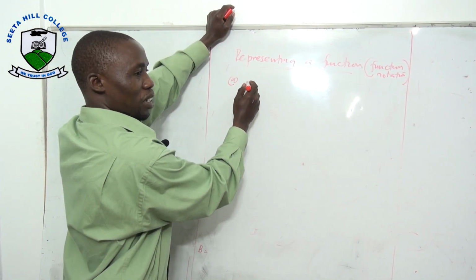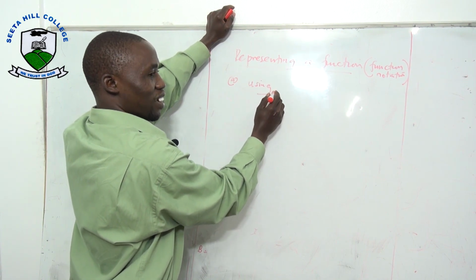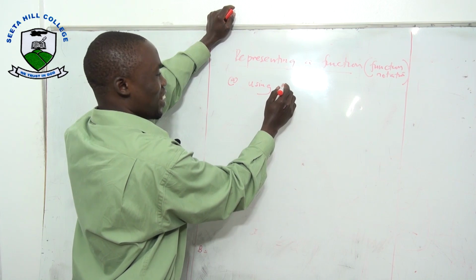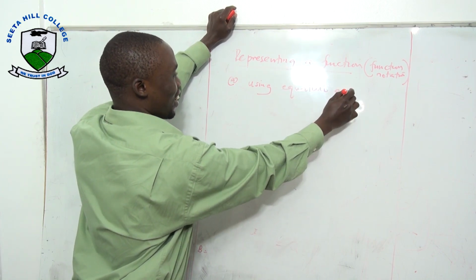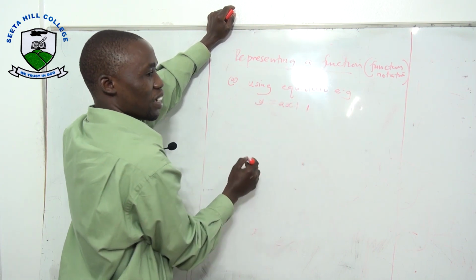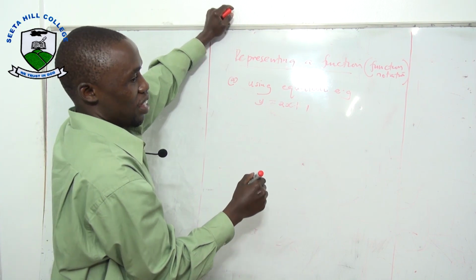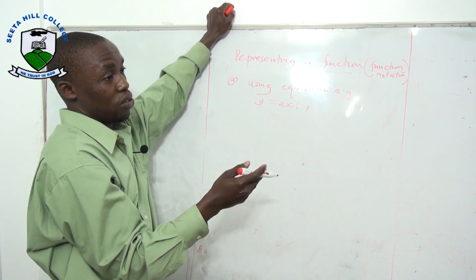The first item is using an equation, e.g., we can have it as y is equal to x plus something. Of course, an arrow diagram would tell whether it is one-to-one or not.